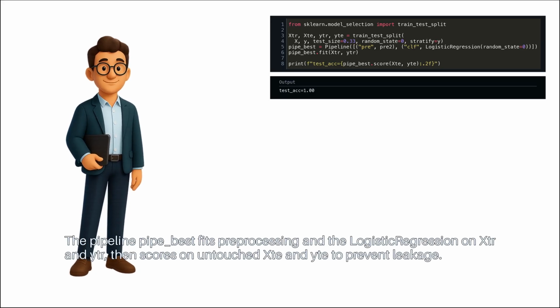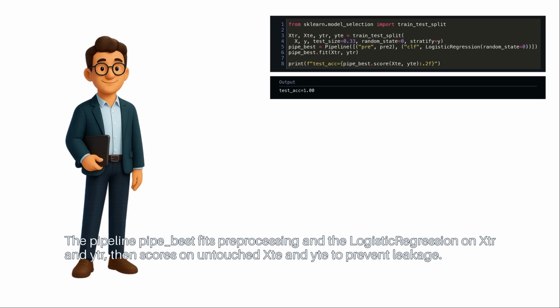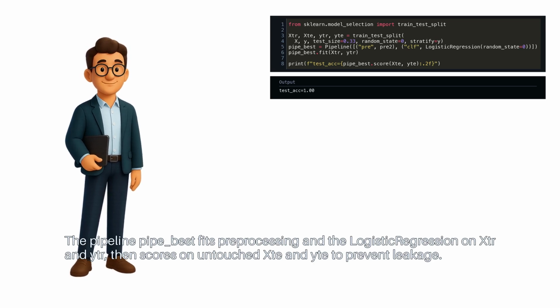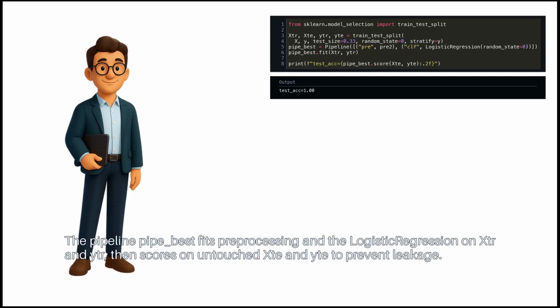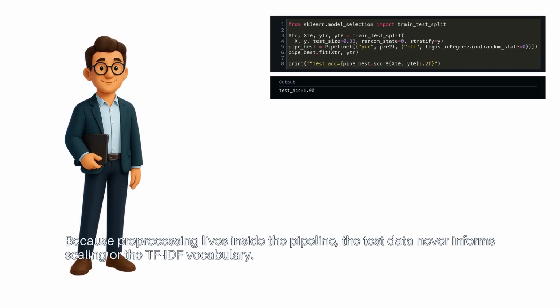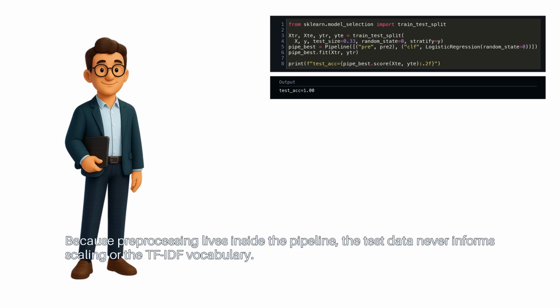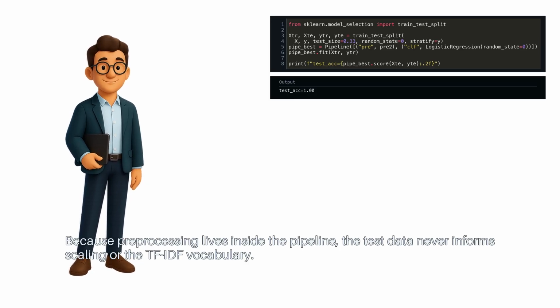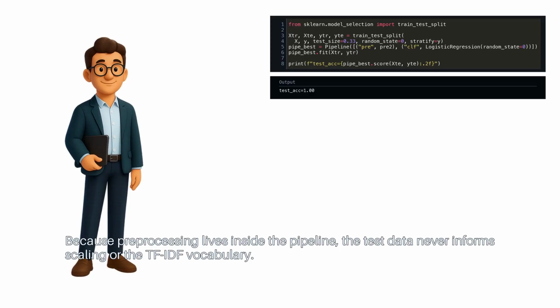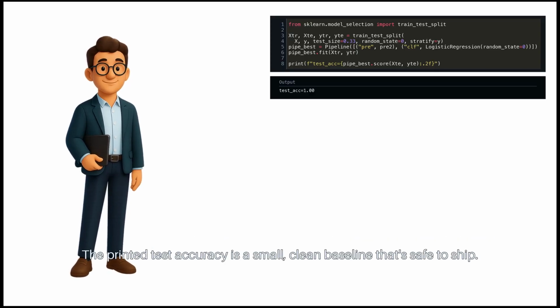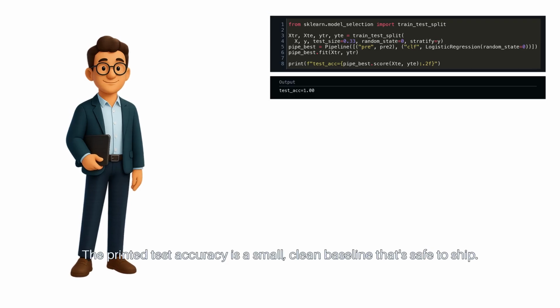The pipeline pipe_best fits preprocessing and the LogisticRegression on Xtr and ytr, then scores on untouched Xte and yte. Because preprocessing lives inside the pipeline, the test data never informs scaling or the TF IDF vocabulary. The printed test accuracy is a small, clean baseline that's safe to ship.